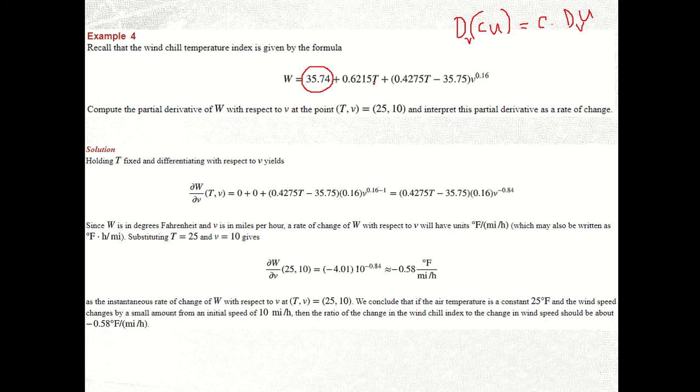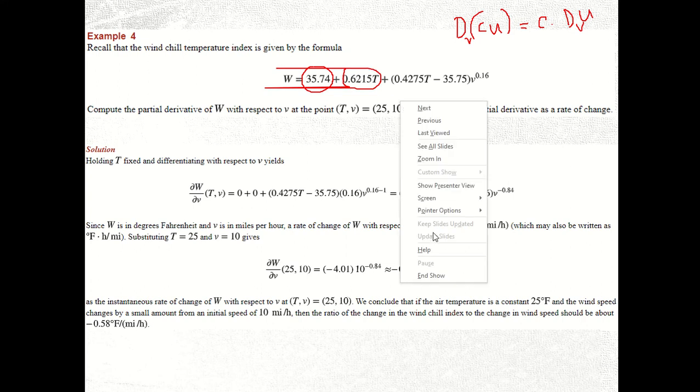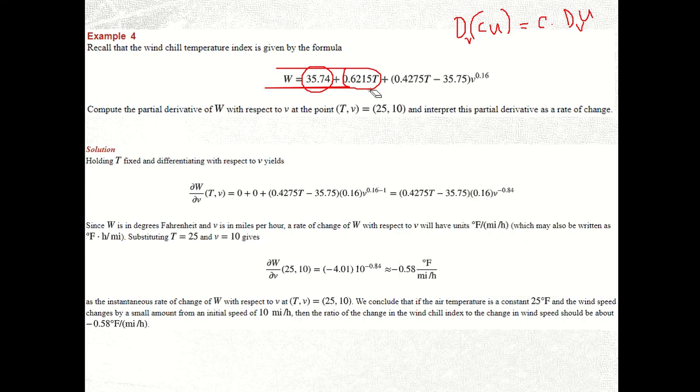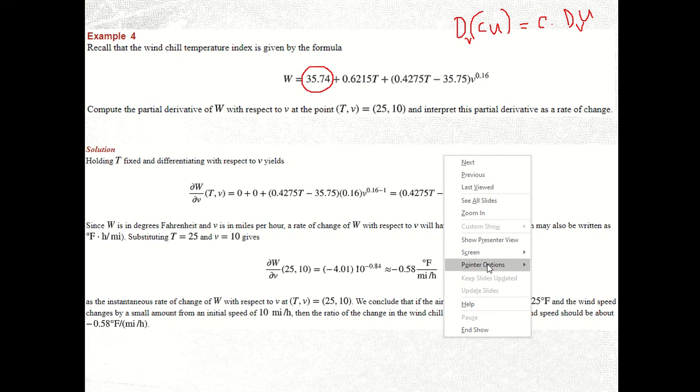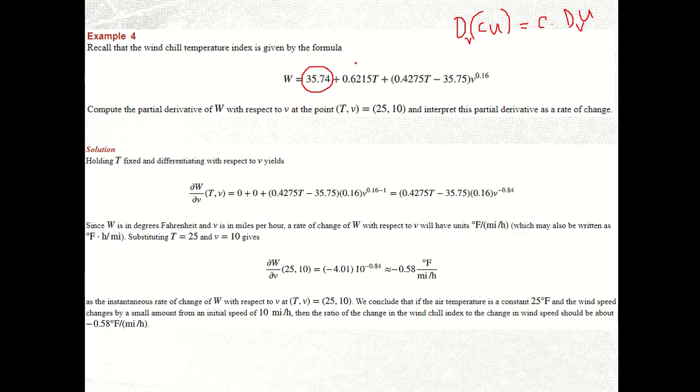T is also constant multiplied by t is also constant, so the derivative of this is also 0. Okay, so that's why we have here 0.